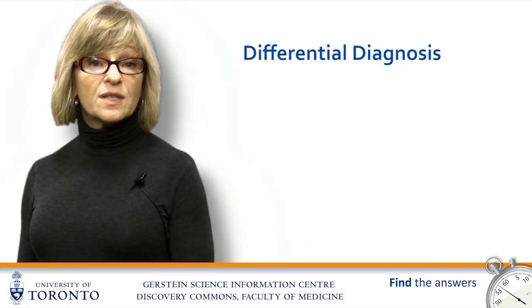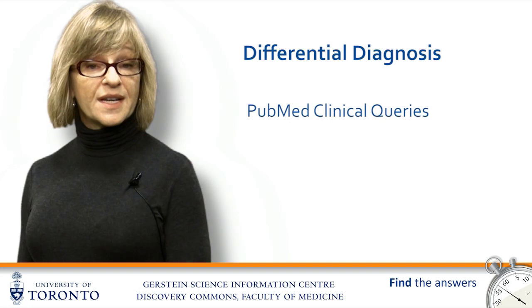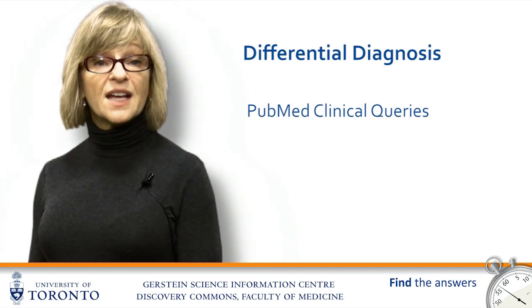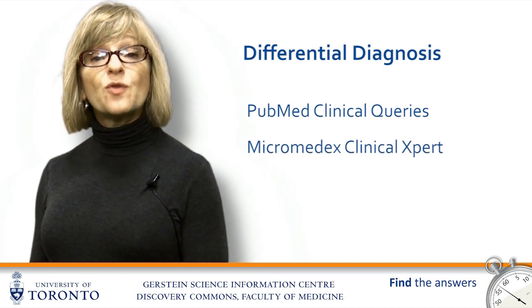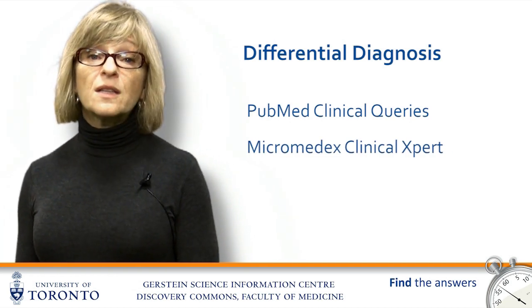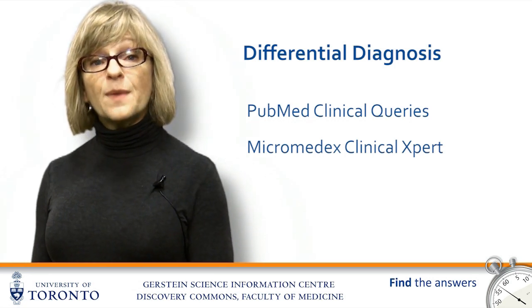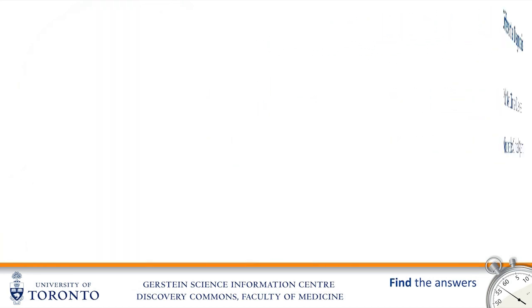There are two major sources for evidence on diagnostic tests: PubMed Clinical Queries, where you can search for studies on sensitivity and specificity of diagnostic tests, and Micromedex, which is mainly a drug information database but also has a large database of diagnostic tests, along with synthesized information on current studies for test effectiveness.